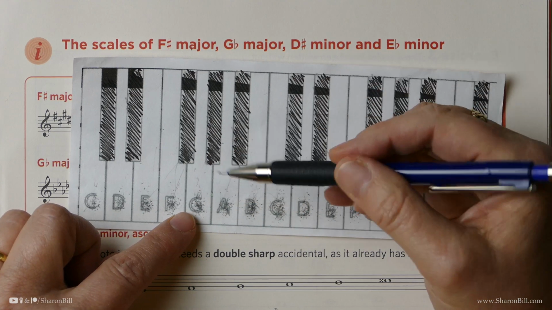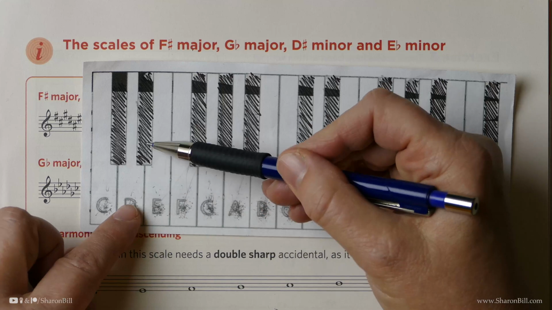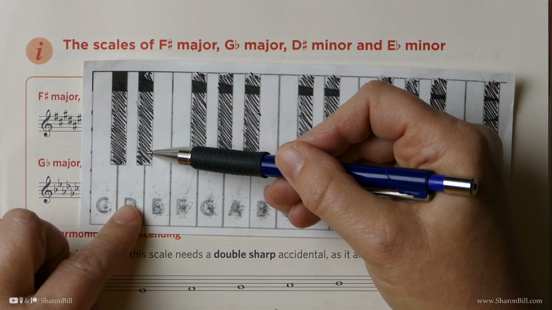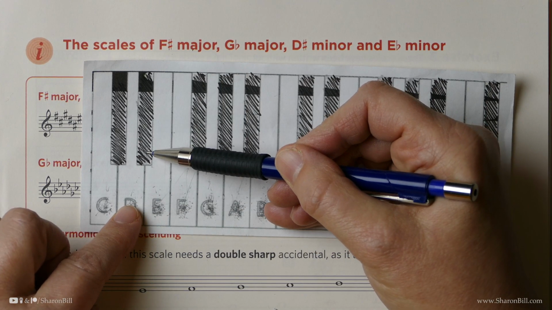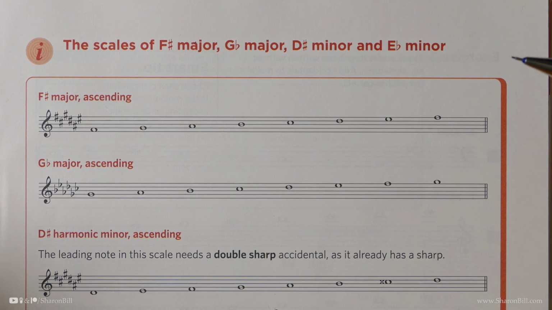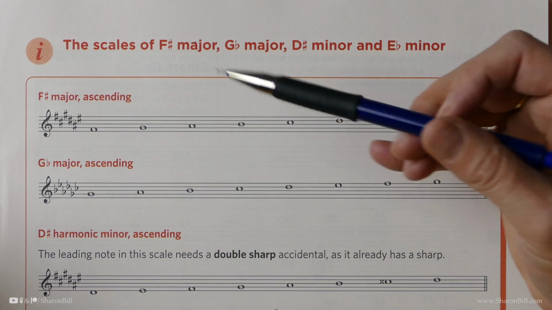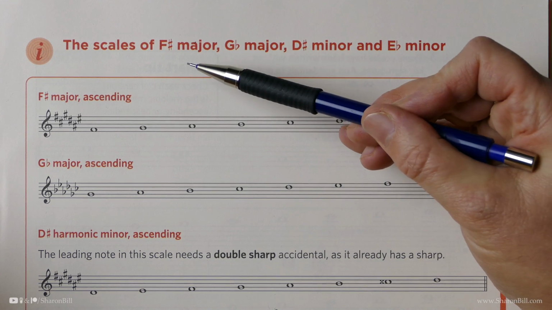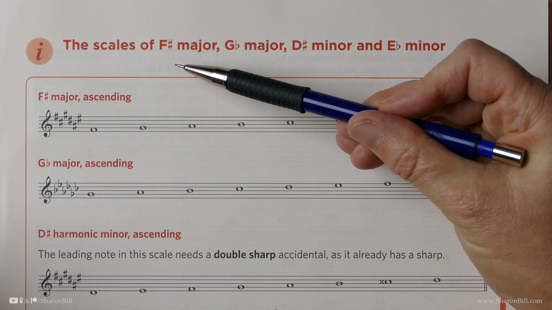And for the enharmonic keys of D sharp minor and E flat minor, the same scenario occurs. Why would we bother with this enharmonic? Why not just have one or the other? It may be something along the lines of, say a composer is writing a piece of music in a sharp key, a key signature of sharps, and then wants to modulate into a new key.